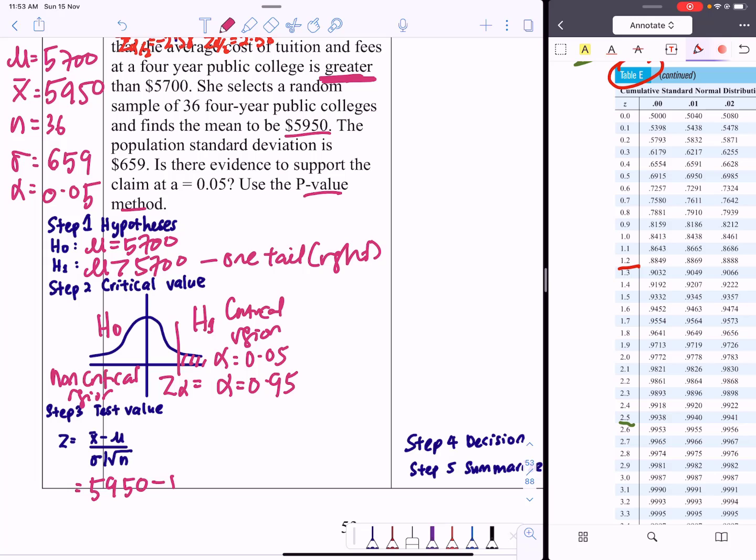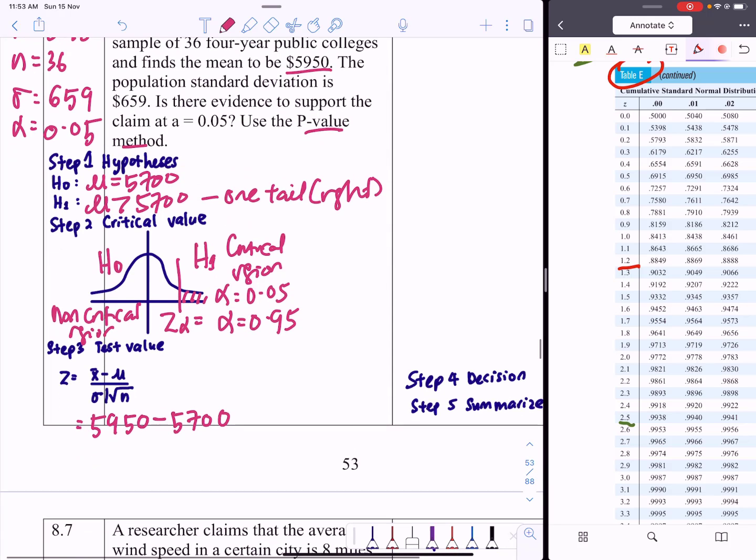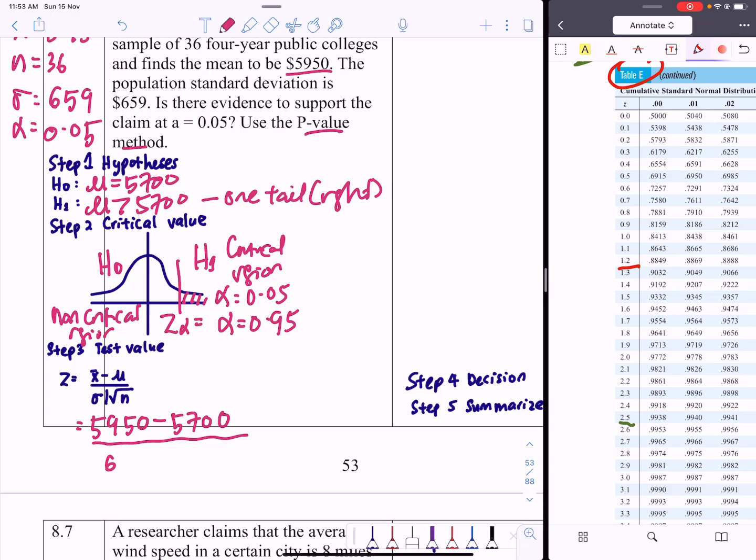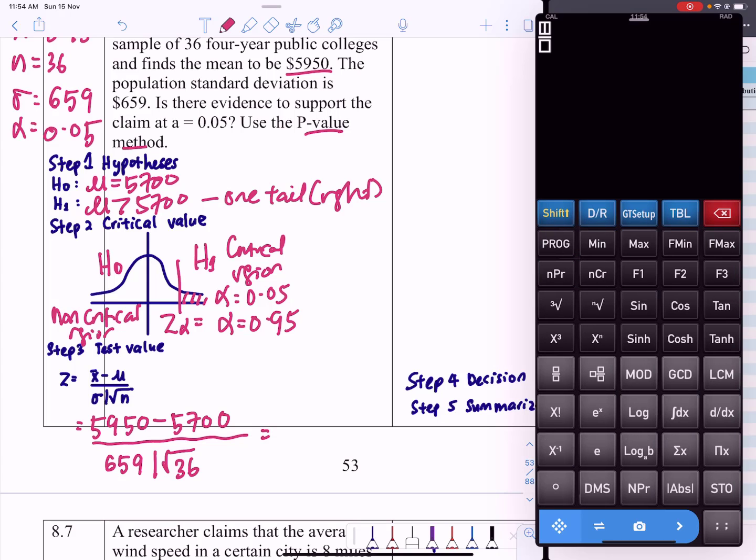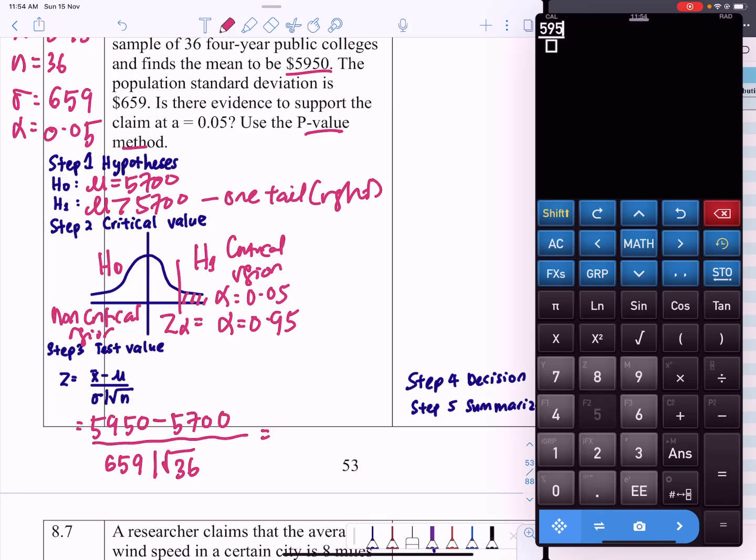The test value is 5,950 minus 5,700, divided by the standard deviation 659 divided by the square root of n, 36. Then what is the value? 5,950 minus 5,700, and then 659 over square root 36.